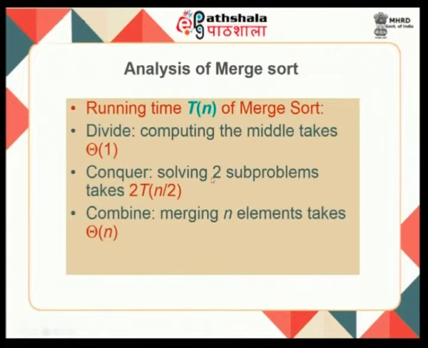Therefore, we have 2 subproblems, so this becomes 2T(n/2), and merging of n elements takes n. So, that means putting it together, the complexity of the merge sort is theta of n log n.